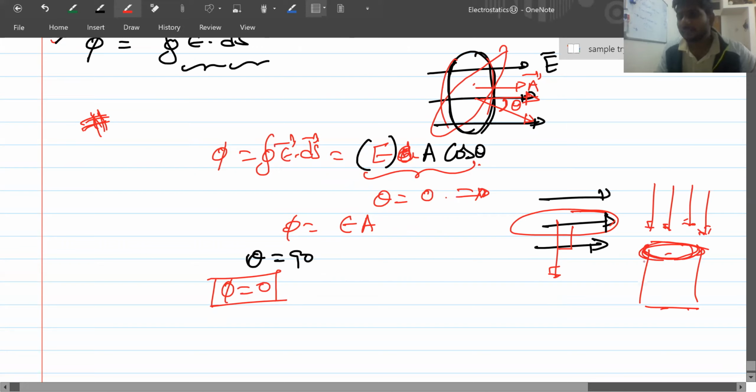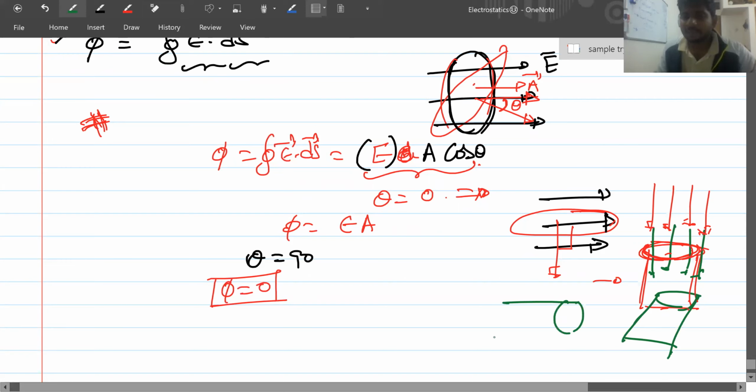If you keep this container exactly in this position to the raindrops, the number of raindrops falling in this container will be maximum. But if you slowly tilt this container, the effective raindrops falling in this container will decrease. If you tilt the container in this shape, the effective raindrops falling in the container will be 0.